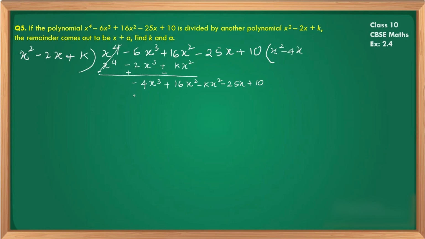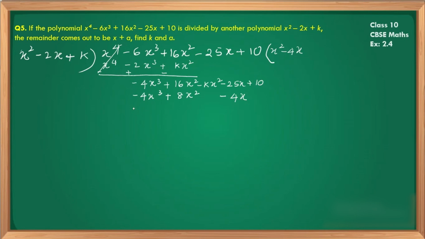We get minus 4x cube, minus into minus plus 8x square, plus 8x square. What else? Minus 4x into k will give you minus 4kx. Where we don't have that, we write down below this minus 4kx.